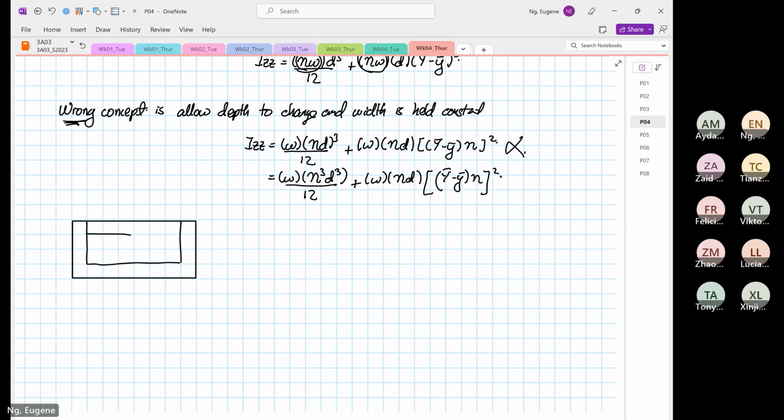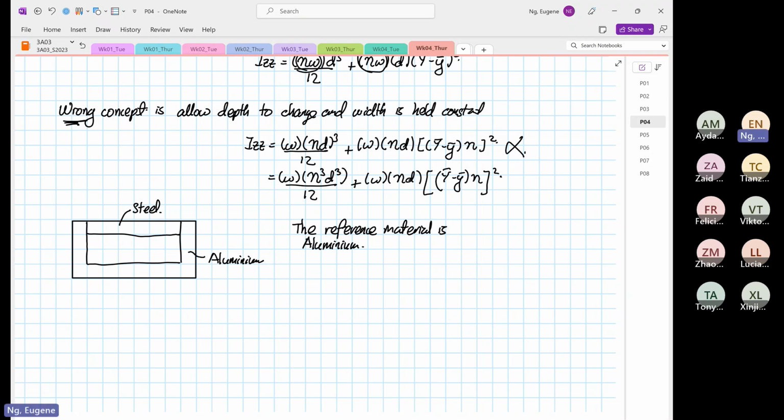Again, this is steel, and this is going to be aluminum. What if now the reference material is aluminum?